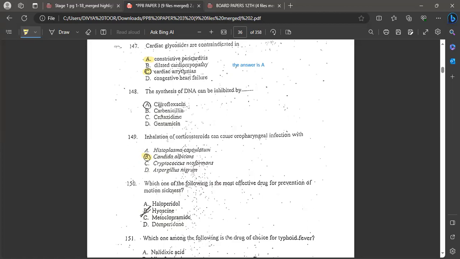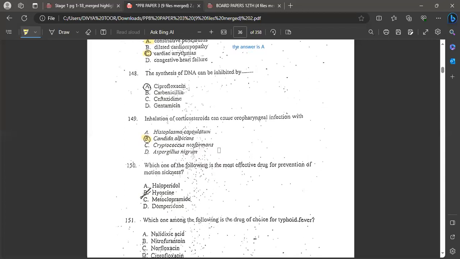Then, okay, because we are on this, we can revise management of cryptococcal meningitis. Okay, so for cryptococcal.